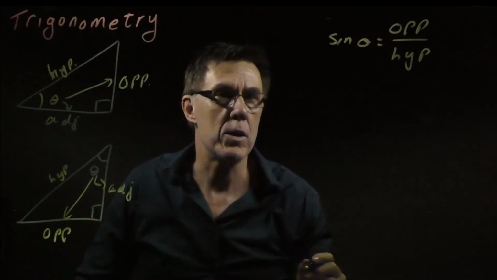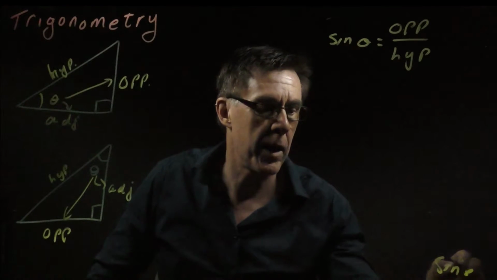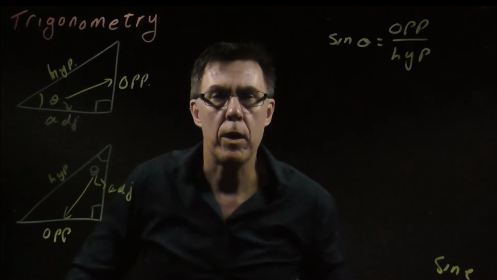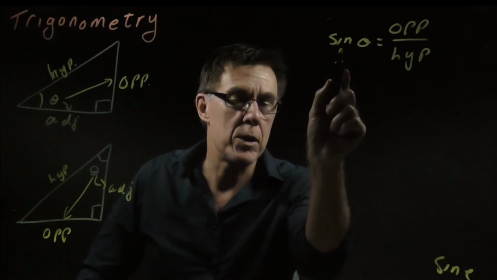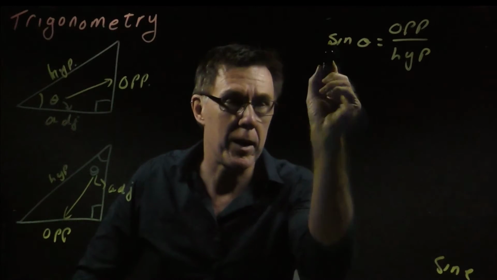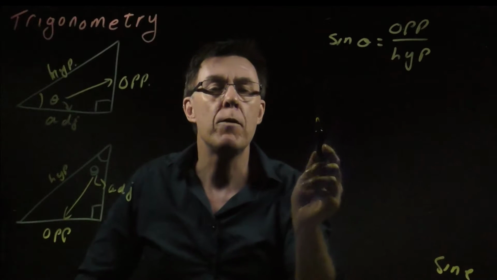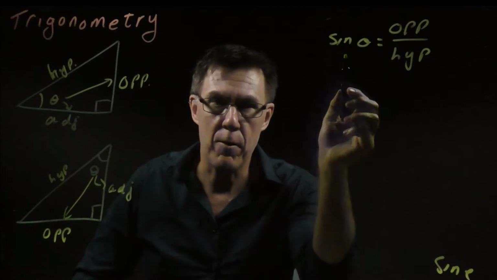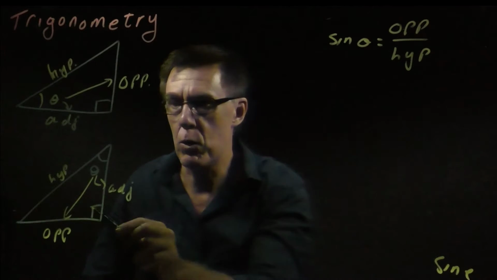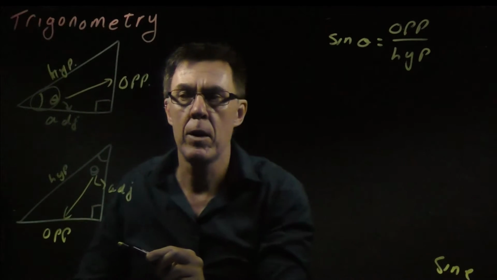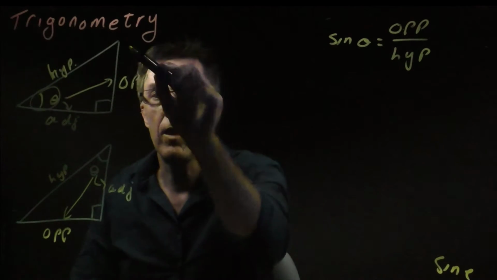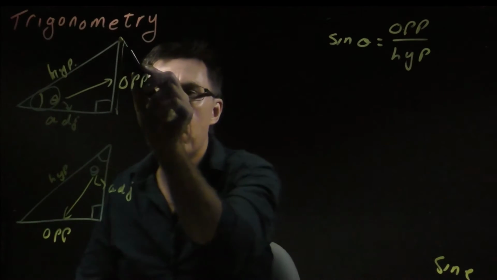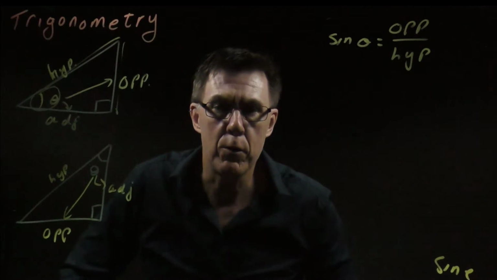Now, we write sin, it's actually sine, S-I-N-E, but we write S-I-N to abbreviate it. We never pronounce it sin. We never sin in mathematics, we only ever sine. So whenever you say the sine of an angle, every mathematician everywhere in the world knows that once you find that particular angle, the sine of it is you find the length of the opposite side, you find the length of the hypotenuse side, and you divide them together.